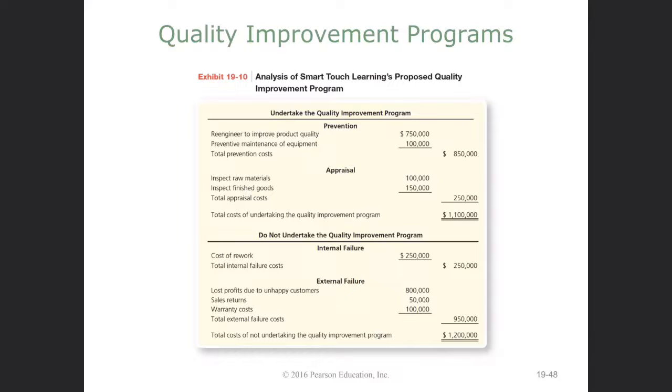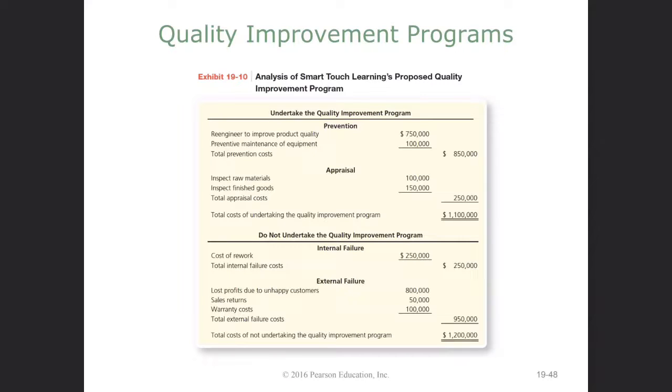The total cost of undertaking the quality improvement program would be $1,100,000 if they decide to take the program.